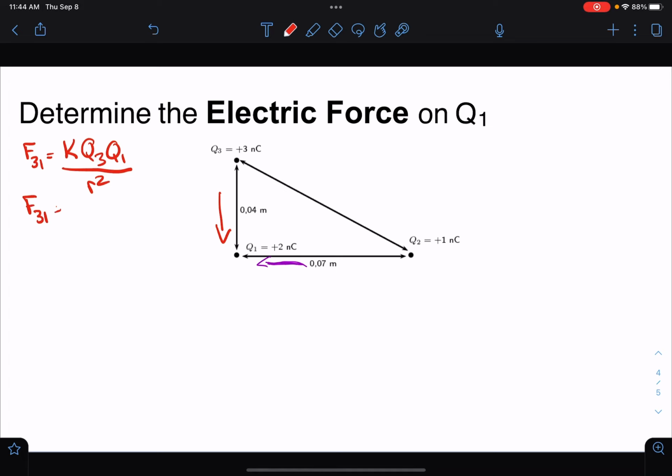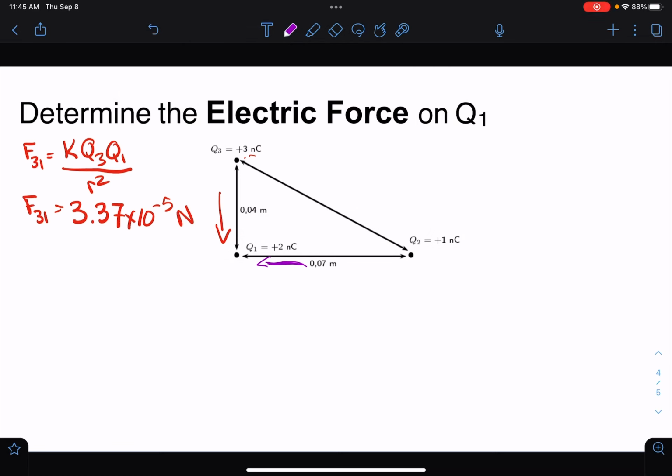So we have 8.99 times 10 to the 9 multiplied by 3 times 10 to the negative 9 because it's a nanocoulomb, multiplied by 3 times 10 to the negative 9 for Q1, divided by 0.04 squared for our radius, and this gives us a total of 3.37 times 10 to the negative 5 newtons.